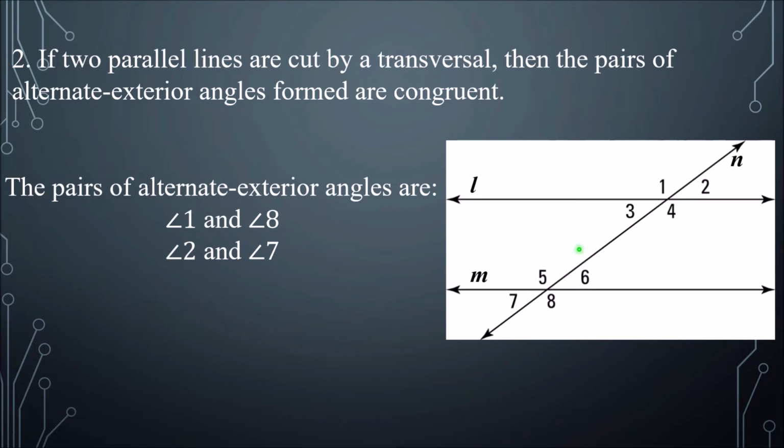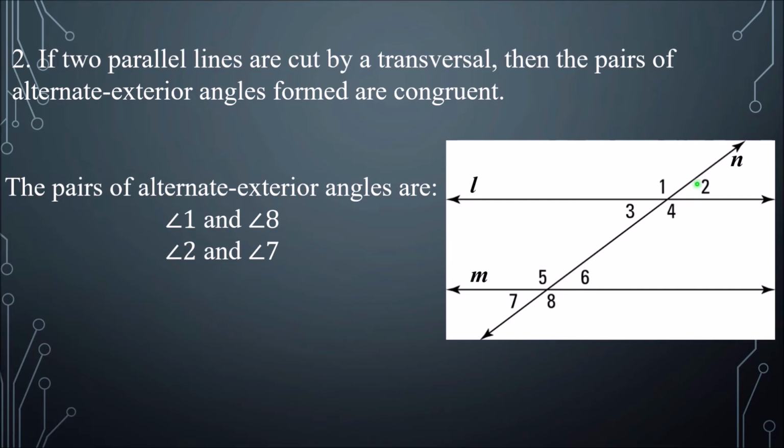When you say alternate exterior, angles that are alternating, for example, angle 1 and angle 8. Angle 1 is on this side of the transversal and angle 8 is on the other side of the transversal. So they are alternating, and exterior means outside the parallel lines. So angle 1 and angle 8 are outside the parallel lines.